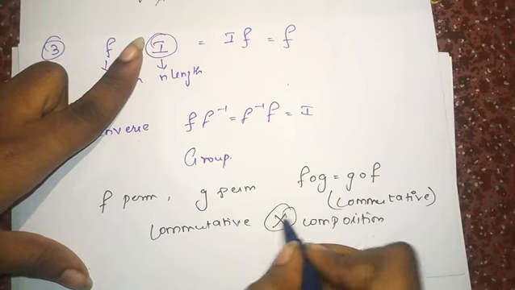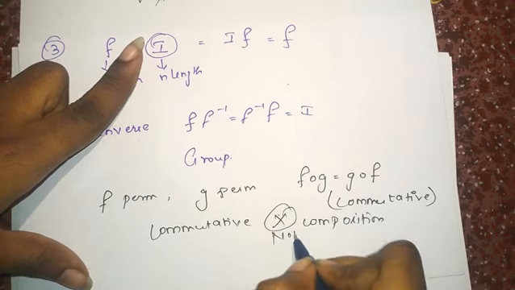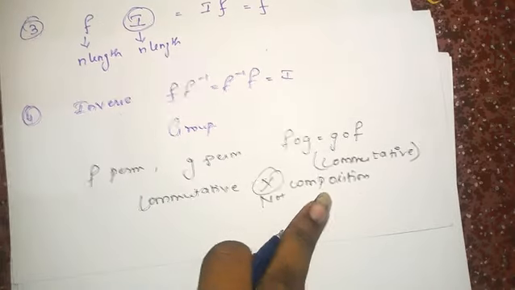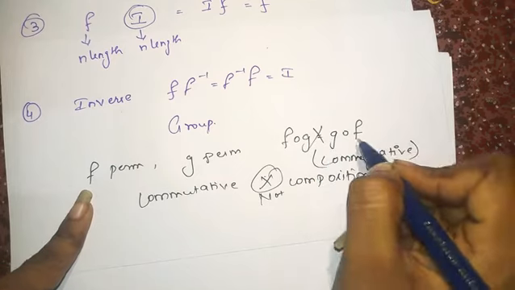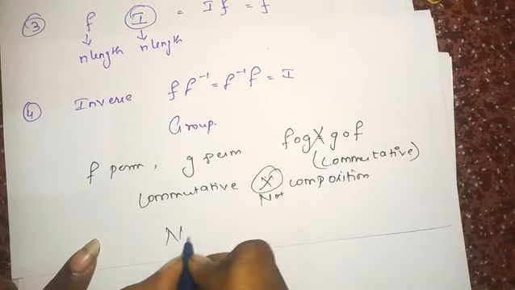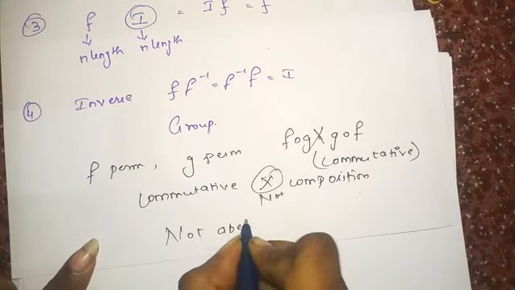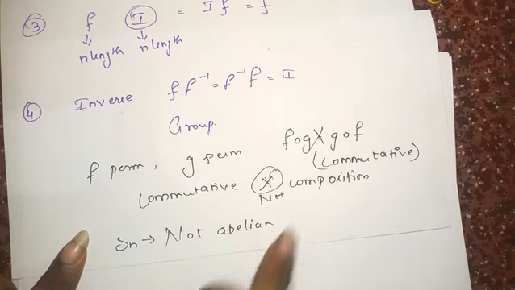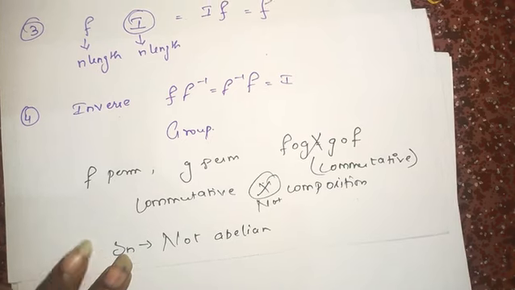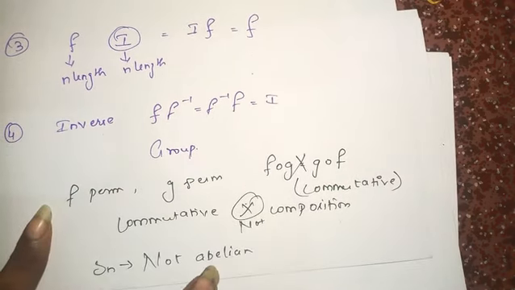That is, F composition G is not equal to G composition F, so it is not abelian. So the symmetric permutation Sn is a group but not an abelian group.